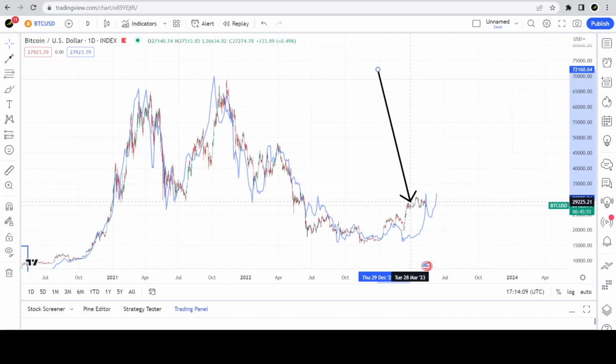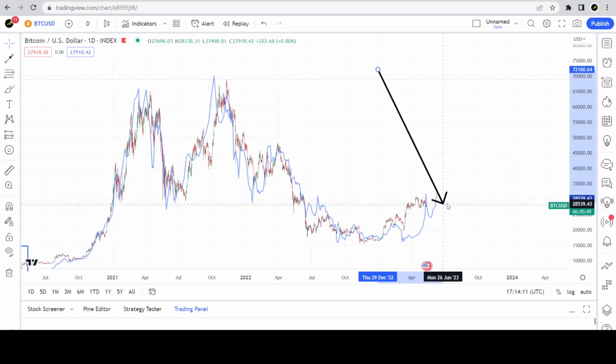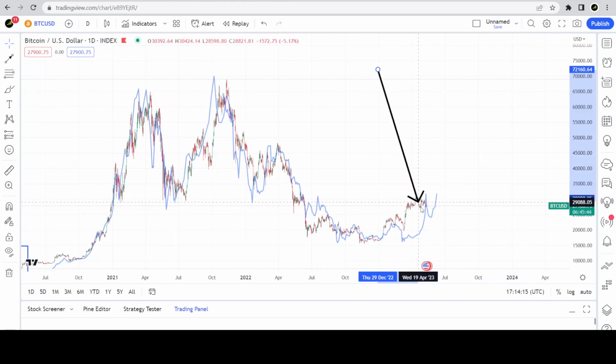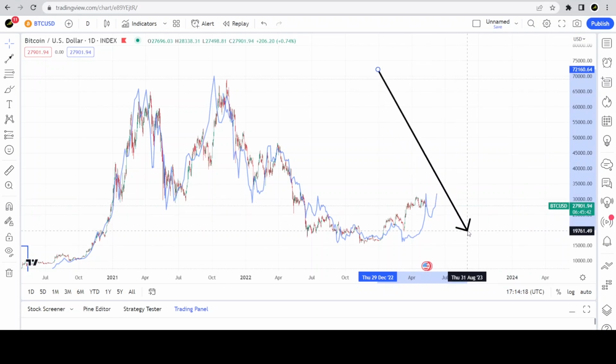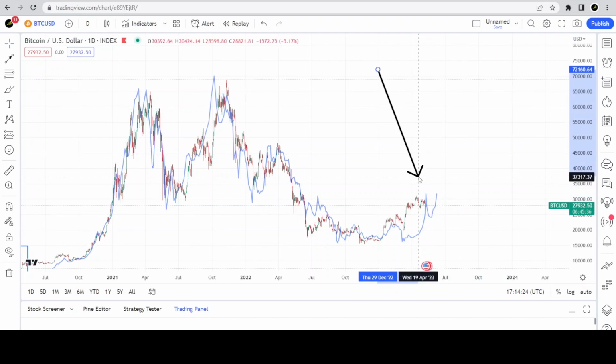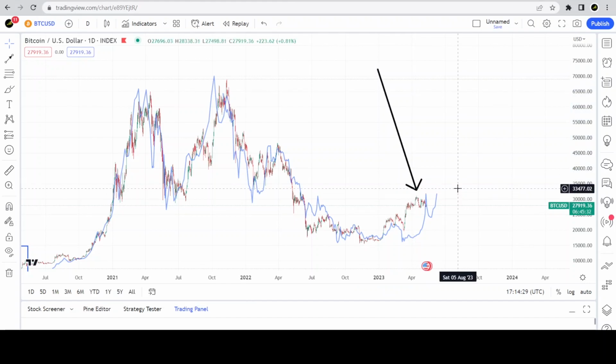Now, there's two ways it's played out. It's either kind of gone sideways and flat to a point before moving up, or it goes sideways and then moves down to a lower point before moving up into the bull run. What will play out here is yet to be seen, but those are the two potential possibilities that we should expect.